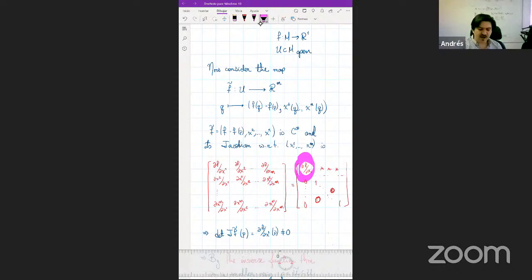And now here is where I use that fact. This is non-zero because P is a regular point, right? So I have a function defined on U that goes to Rm, and at that point the function has determinant non-zero. That means that on a smaller neighborhood of that point, the function is a diffeomorphism.